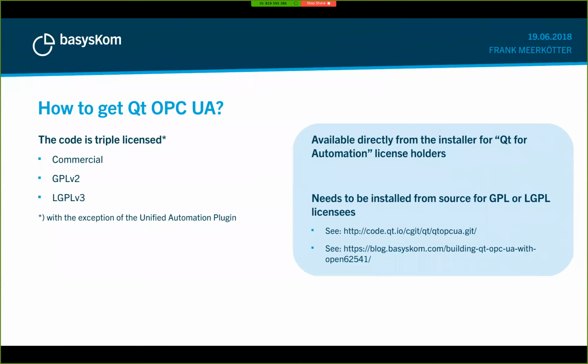If you're a GPL or LGPL licensee, you find the source code at code.qt.io. And at the basysKom blog, you also find, for a number of platforms and operating systems, detailed instructions on how to compile it yourself from source.